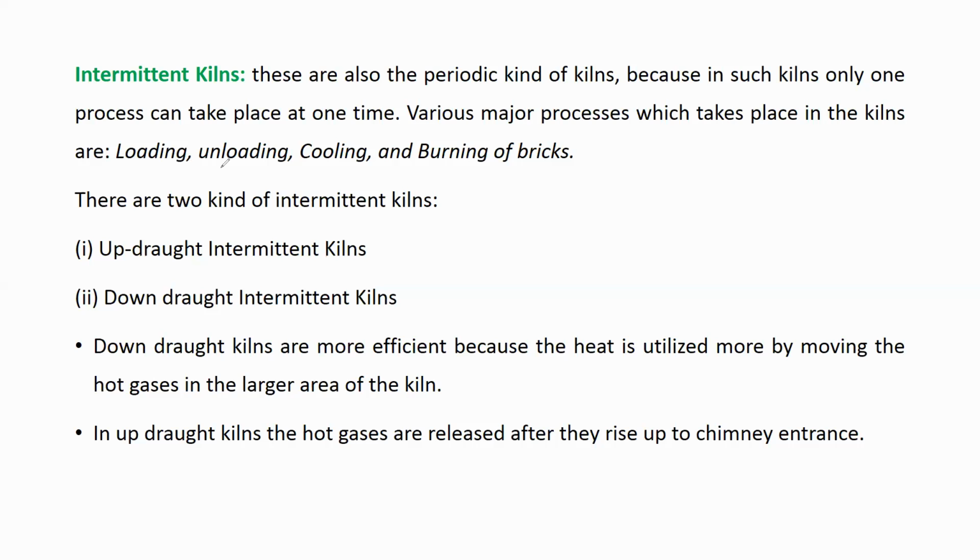In the process of burning there are stages. First is loading. You have to bring all the raw bricks and arrange them, keeping one above the other. That is called loading.